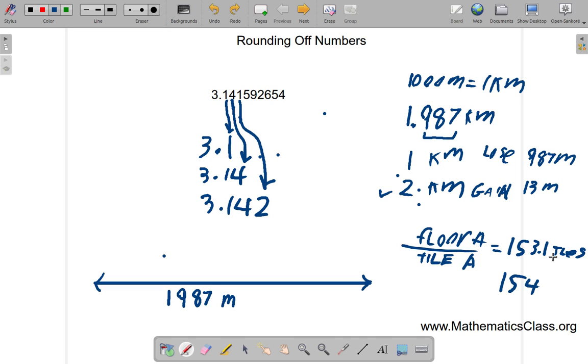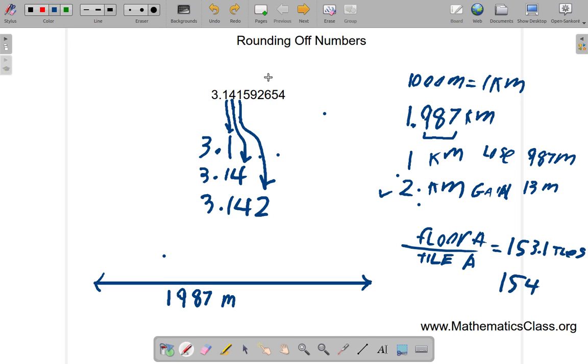So in certain situations like that, you would put the number upwards to 154, whether it was 153.9 or 153.1 or 153.2. You would put the number upwards to the next higher one.